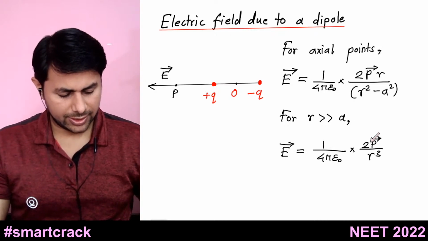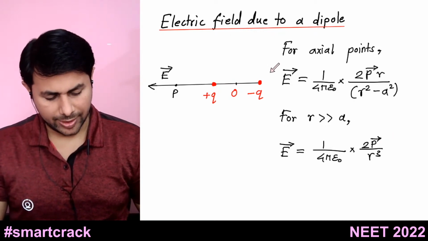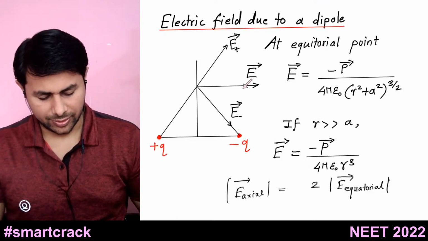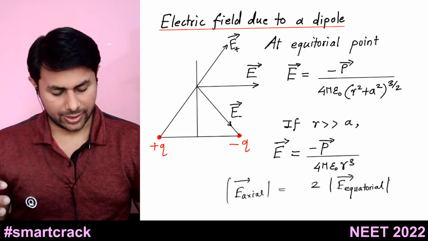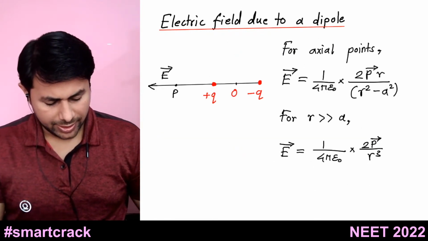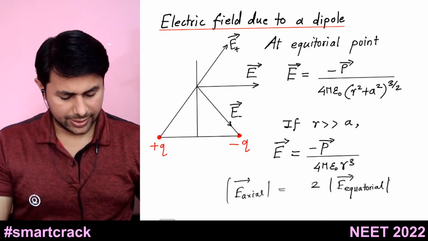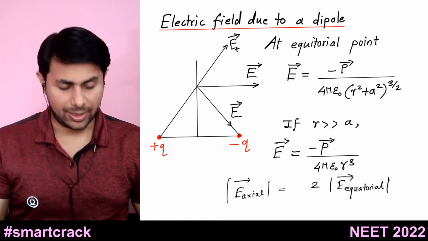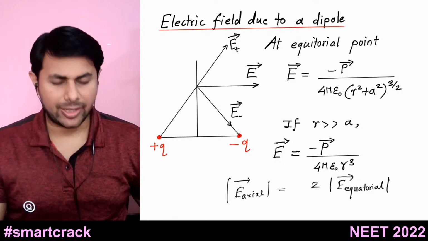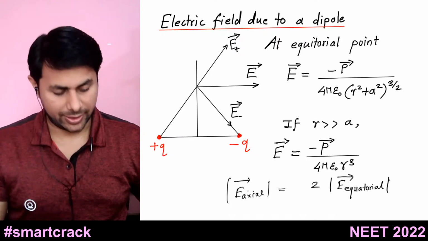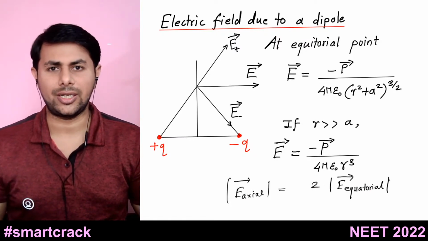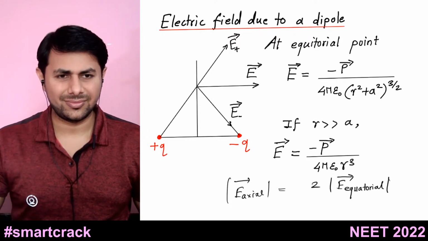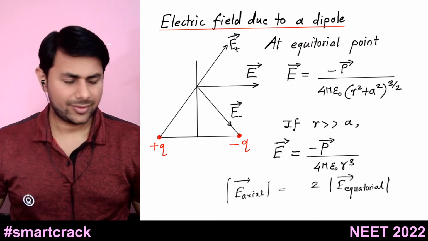In this case, it is along the dipole, that means from minus q to plus q for the axial case, and in this case it is from plus q to minus q, in the opposite direction of the dipole. But the point to be memorized is that electric field along the axial point is 2 times the electric field along the equatorial point. Okay, so is that thing clear? Yes, no?